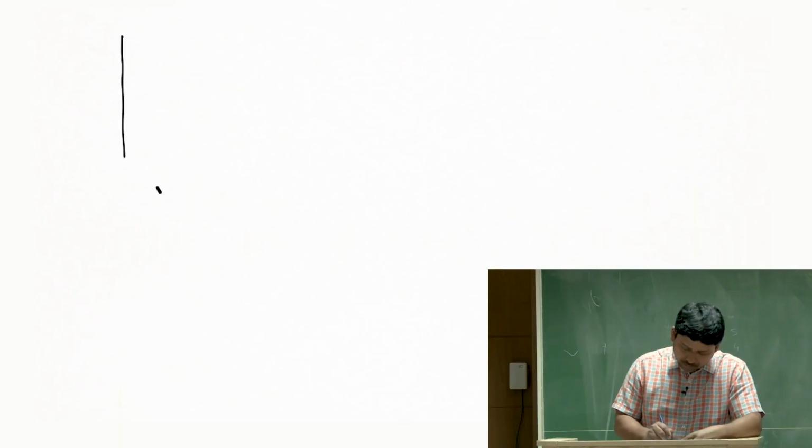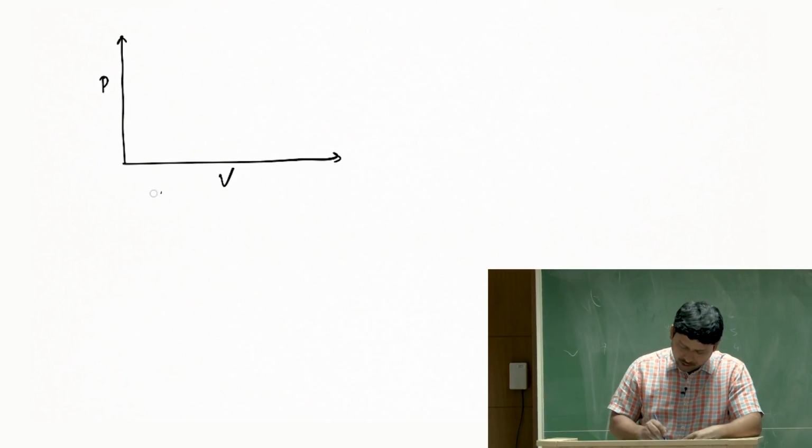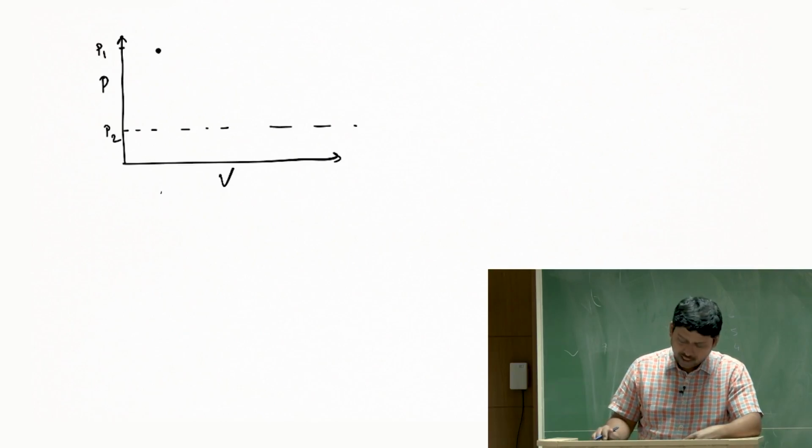So, now we have already discussed that for a PV diagram, let us say our initial point is P1 V1 at this point, and then let us say the final point is somewhere P2, and I draw that by this line. This is P1 pressure and the final pressure is P2, drawn by the dashed line.